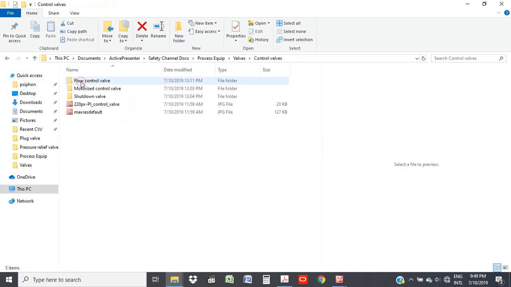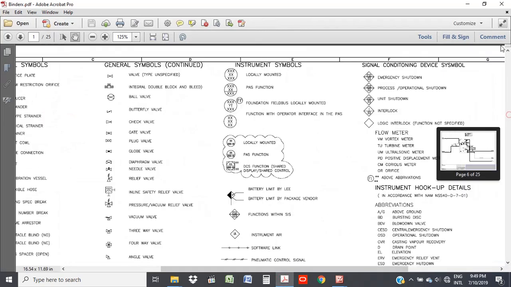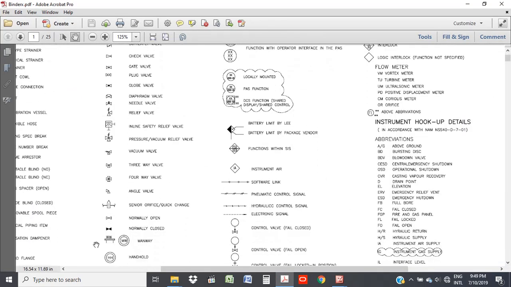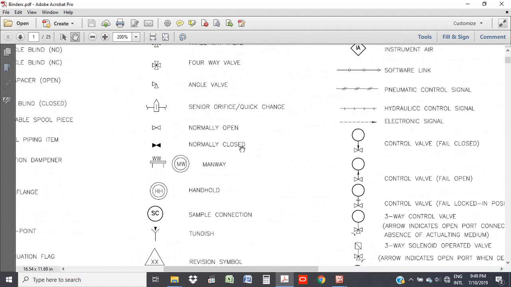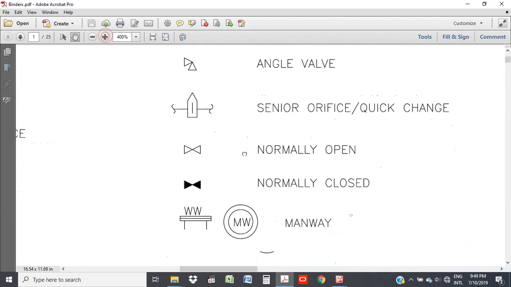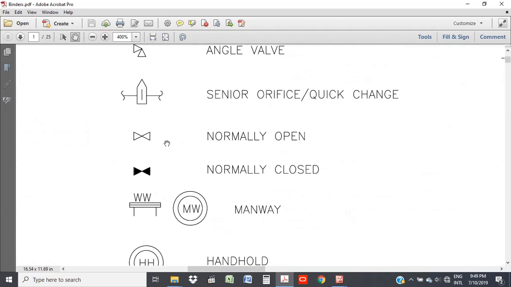Now, control valves are very, very necessary. Also, before I go too far, I want to talk about normally open and normally closed valves, and also locked open and locked closed valves. This is the symbology for normally open and normally closed. If it's normally open, it will be like this, and if it's normally closed, it will be like this.